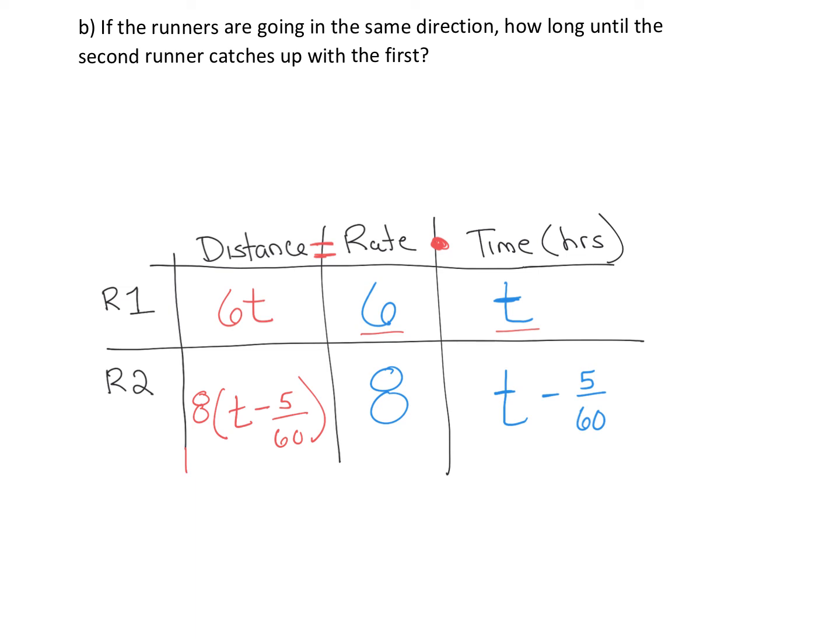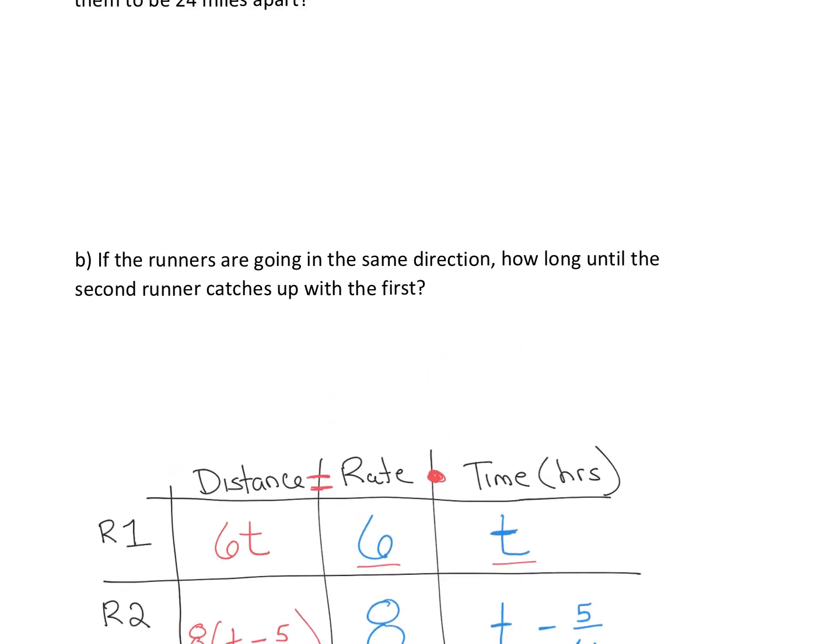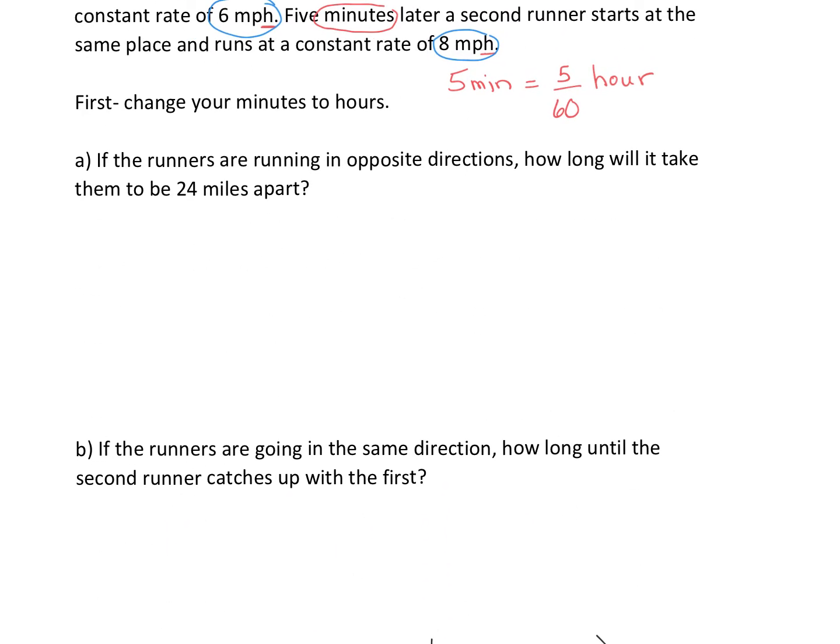Okay, so now we have this nice table, organized our information. Let's go back to the questions that were asked. The first question is, if they're running in opposite directions. So I'm going to say that this is where we're starting. Runner number 1 is going a certain distance, and runner number 2 is going a certain distance, and we want that total distance to be 24 miles.